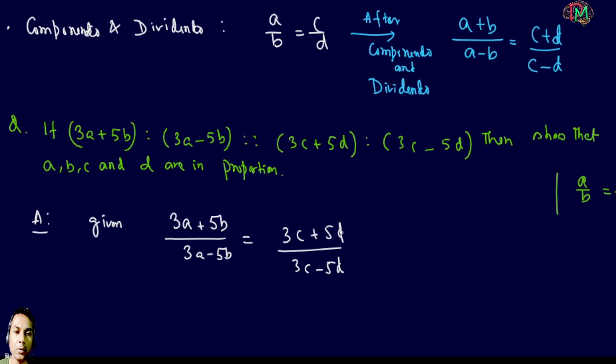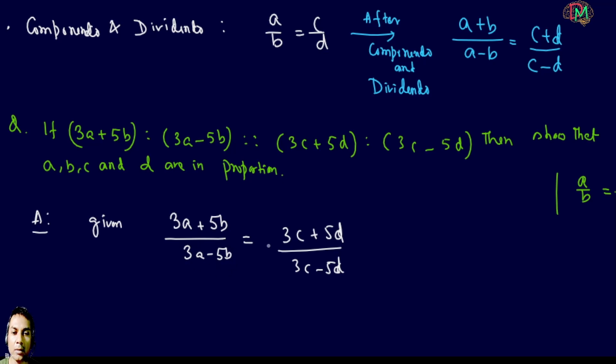If we can eliminate one value from the numerator, then we get one variable there, and similarly if we eliminate from the denominator we get another single value.